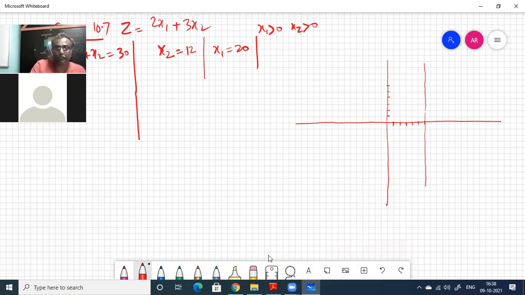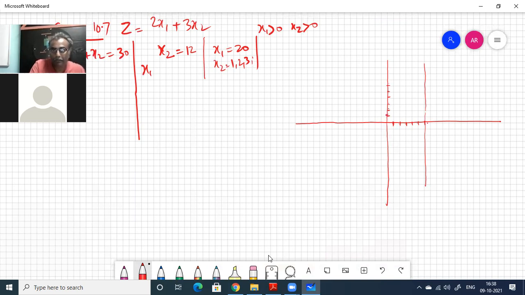Same way x1 equal to 20: whatever value x2 takes, x1 will always be 20.